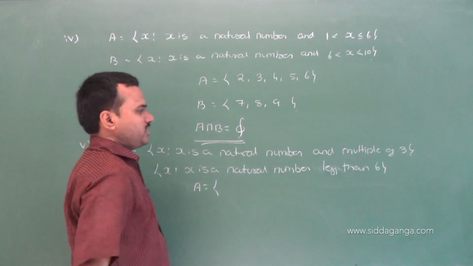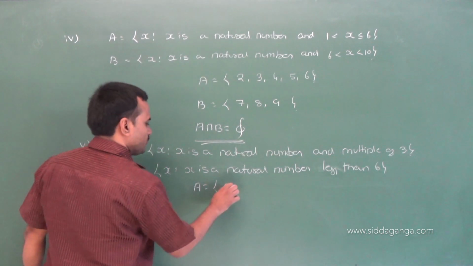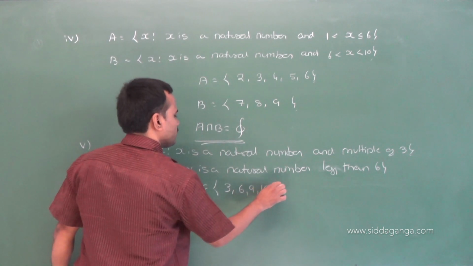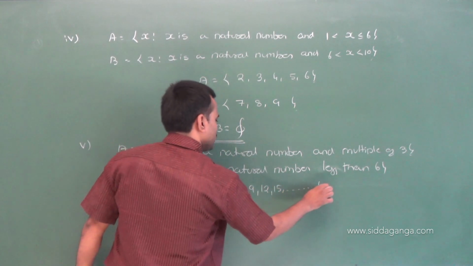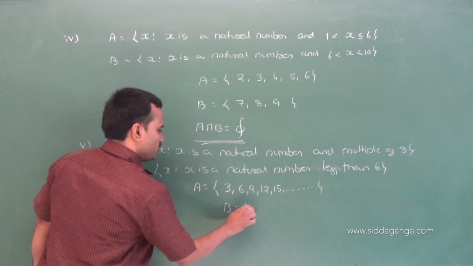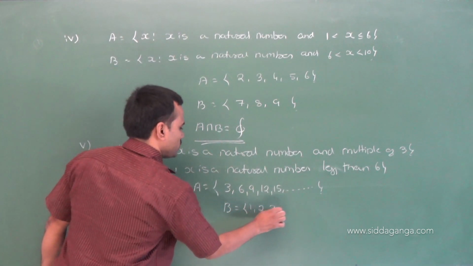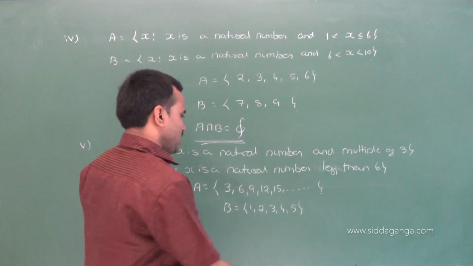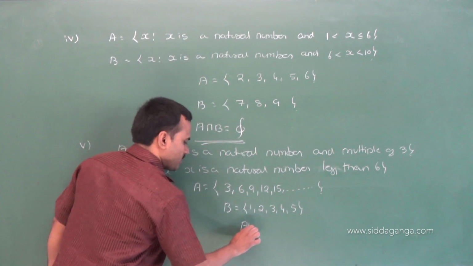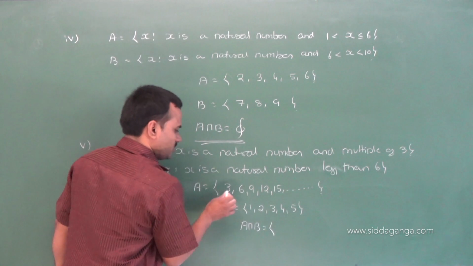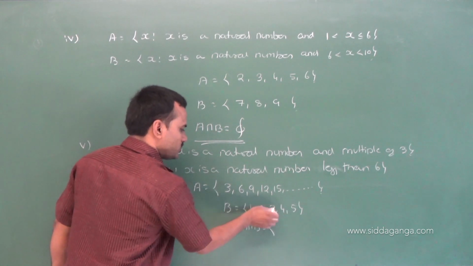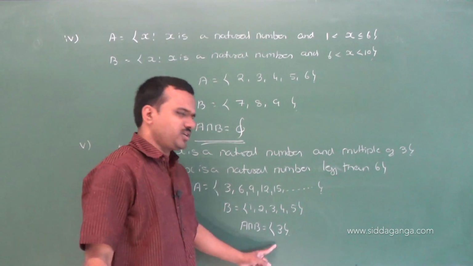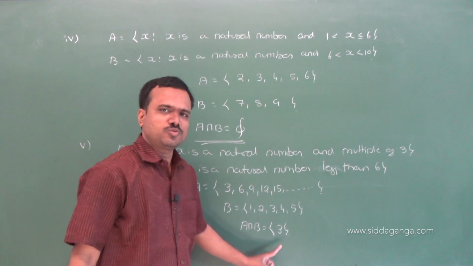We write in tabular form. A is equal to {3, 6, 9, 12, 15, ...}. B is equal to {1, 2, 3, 4, 5}, less than 6. Then A intersection B, the common elements. Is 1 present? No. Is 2 present? No. 3, only one element. So A intersection B is equal to {3}.